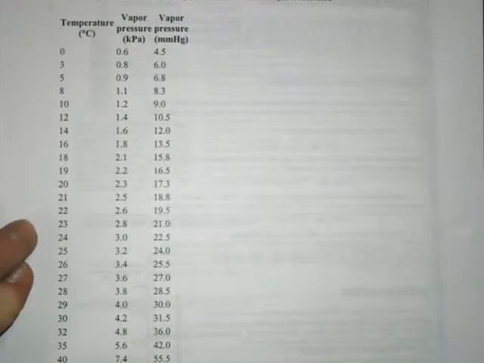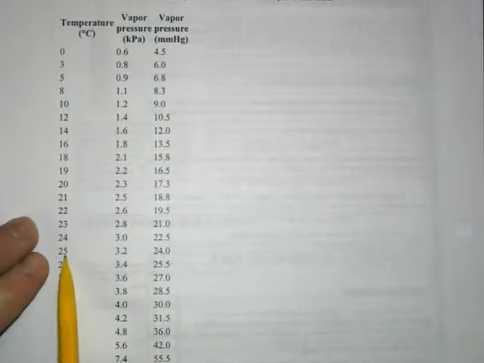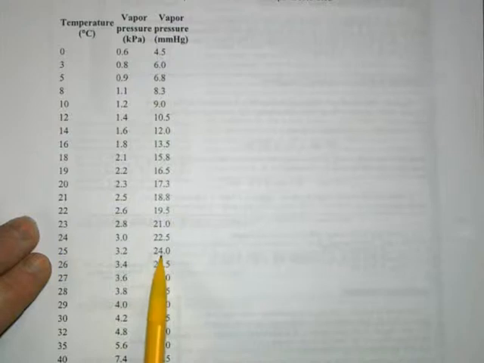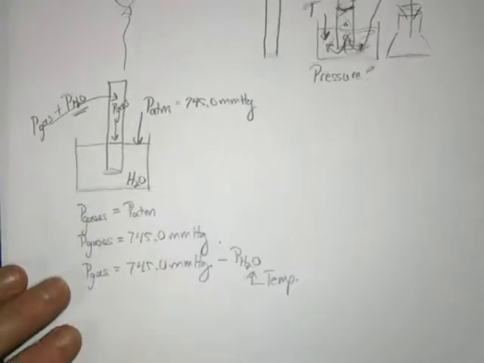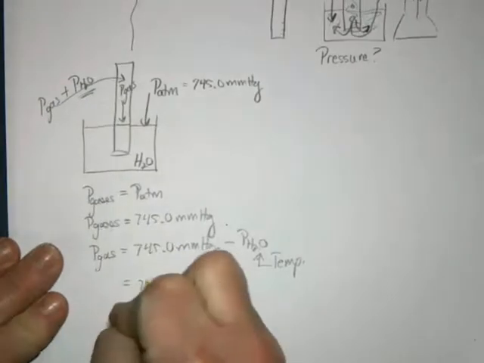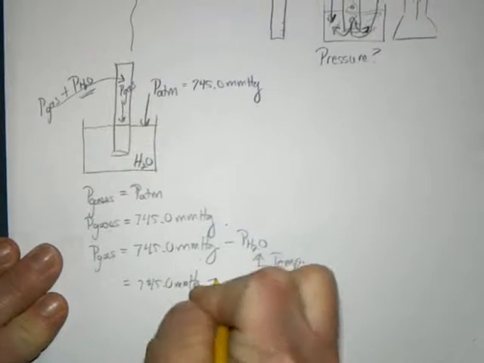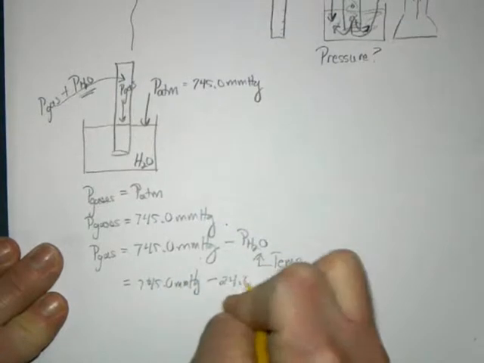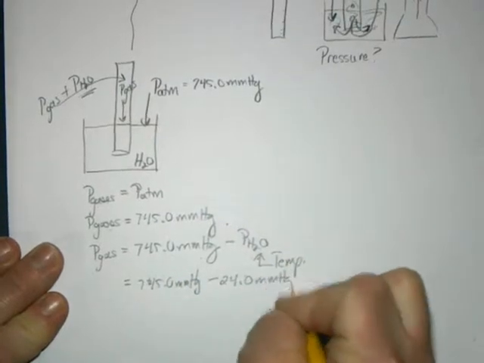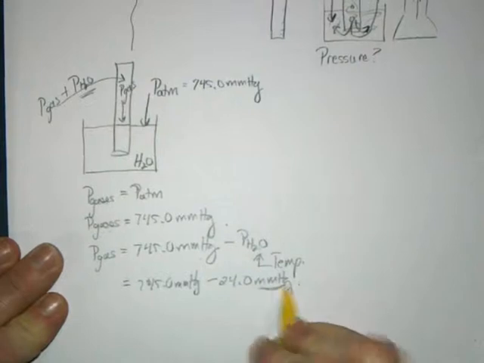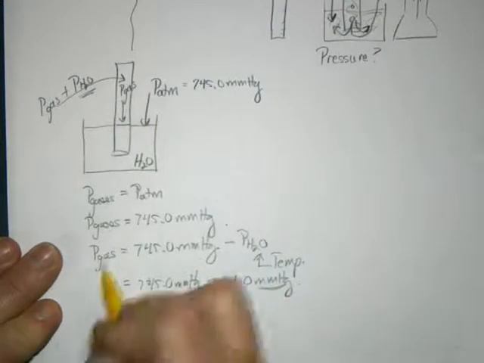So if we're working at room temperature, then the partial pressure or the vapor pressure of water will be 24 millimeters of mercury. And so, to get the pressure of the gas, all that we do is take our 745 and subtract away that 24. And notice I claimed the value that was millimeters of mercury, and we'll get the pressure of the gas.